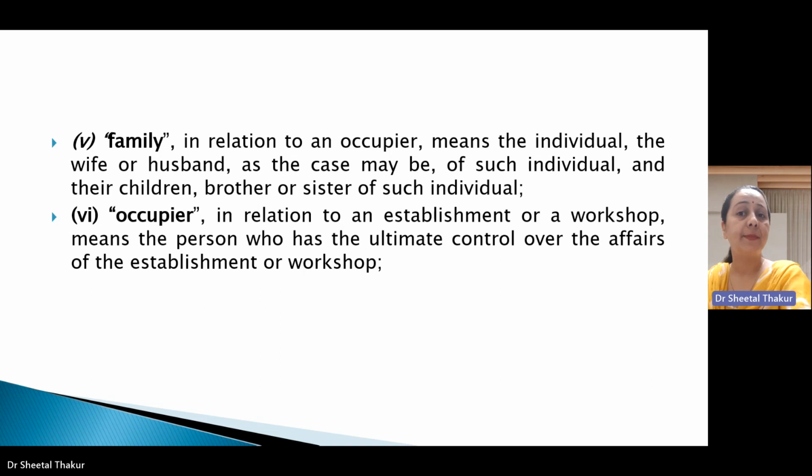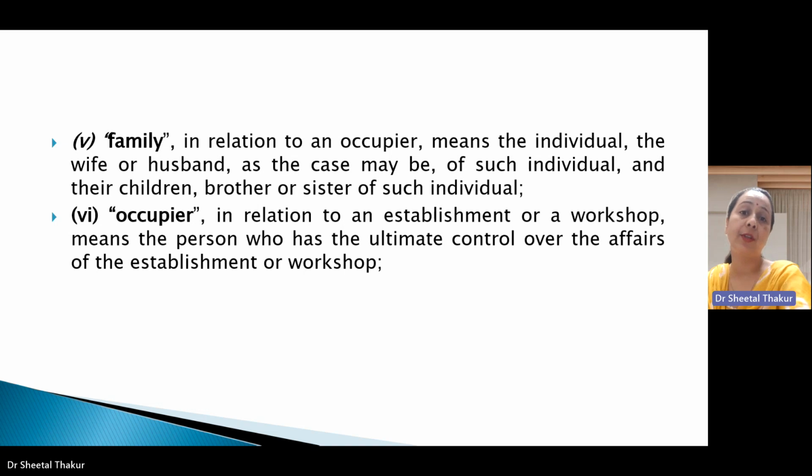Another term defined under the provisions of this act is family. Family, in relation to an occupier, means the individual, the husband or wife of such individual, and their children, brother and sister of such individual.